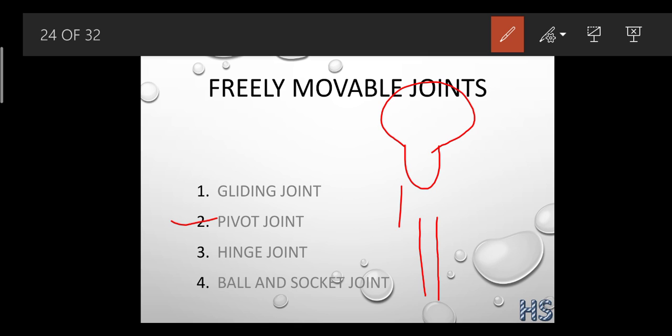So in the neck region, this is called the pivot joint. Pivot is a physics word, and because this is attached, it is going to show only some movement. Suppose I have to say yes, so I can move.